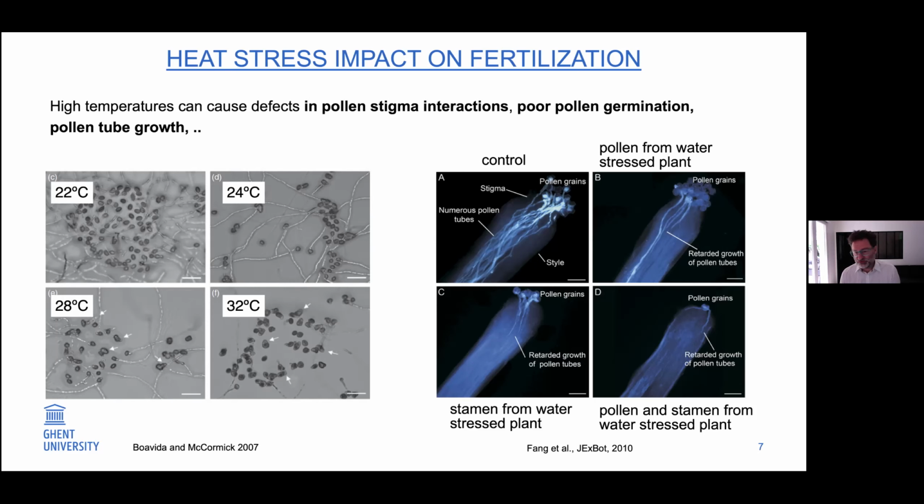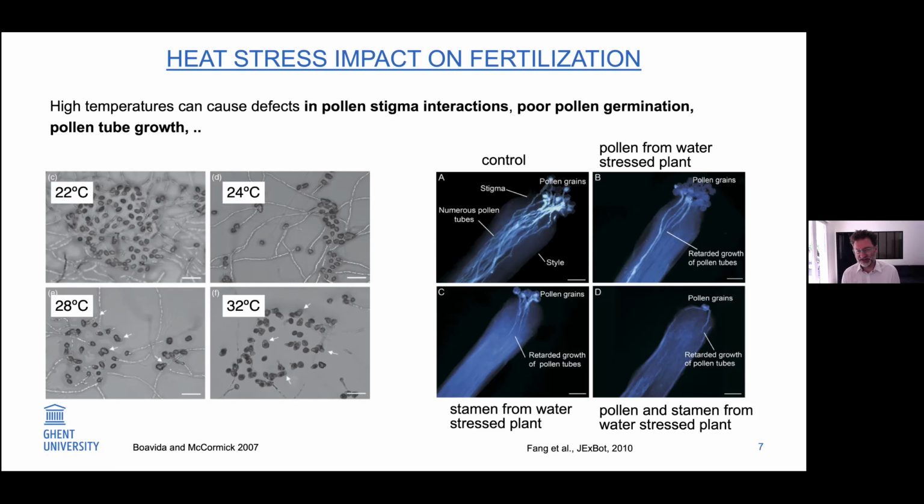Pollen tube growth or germination can also be seen affected inside the style. This is an example actually from a water stress plant because it beautifully illustrates what can happen.